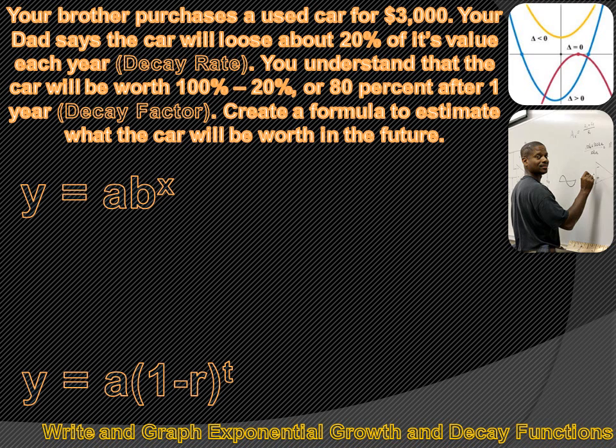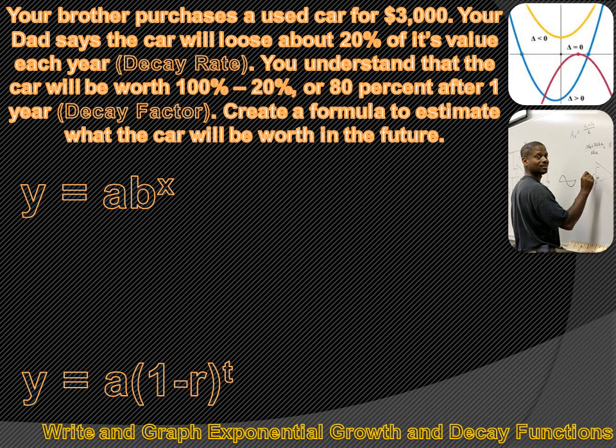And we changed b to 1 minus r. And that's just done so you don't get confused about decay rates and decay factors. The decay rate is 20%, but b is not 20%. B is the amount of value that's left after the time period. That's 80% in this case, or 1 minus the decay rate.